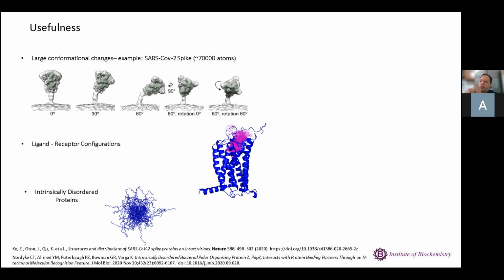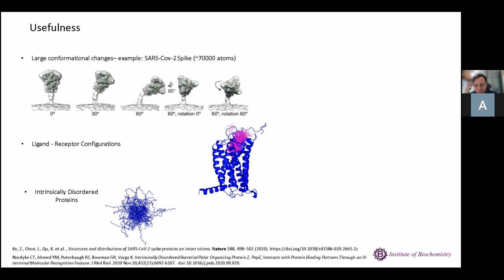It has a certain degree of entropy, and we have to take that into consideration if we want to compute how tightly those two are interacting. So in order to get the free energy of binding, for example, we want to get that entropy. We want to take a look at what's happening in the domain of the flexibility.